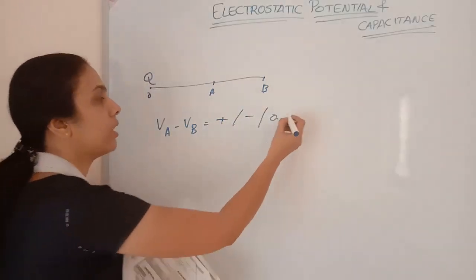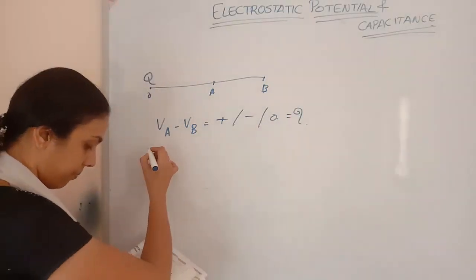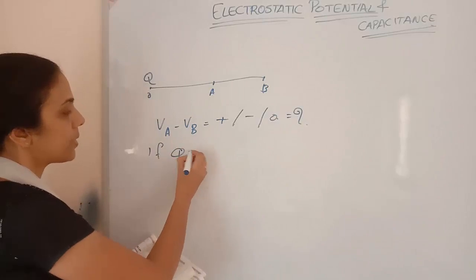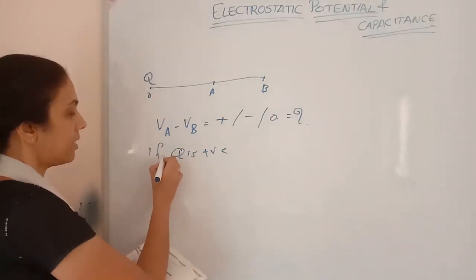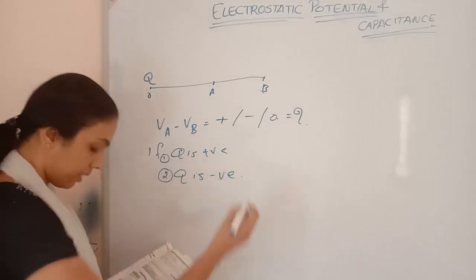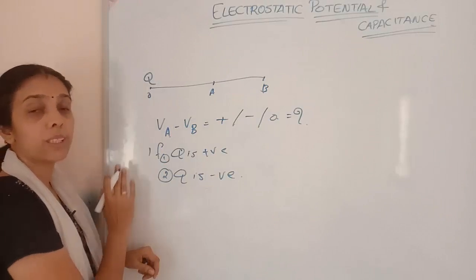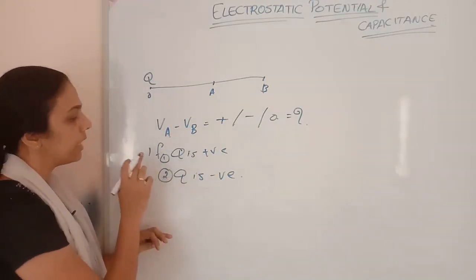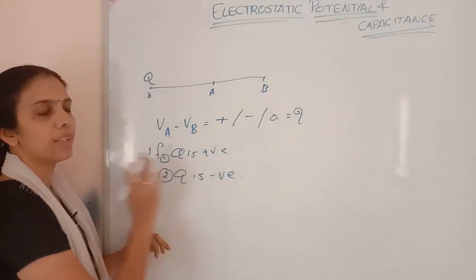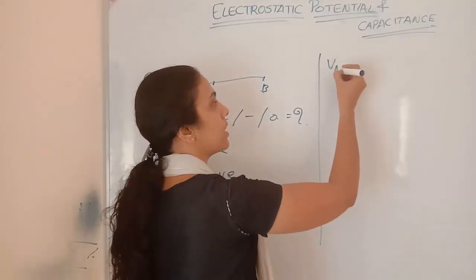We should find out. This is the question. We should consider the case if Q is positive and the case if Q is negative. So VA minus VB, how can we find out this one?